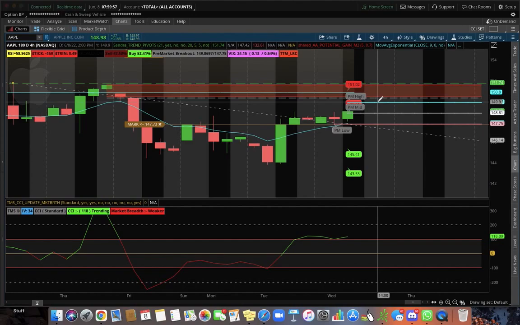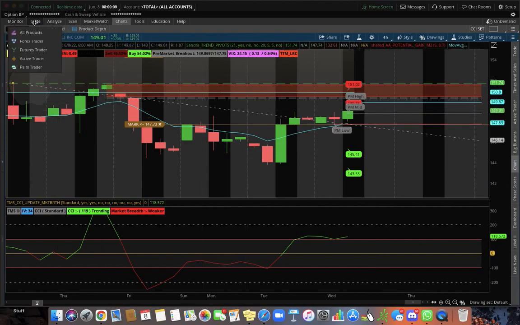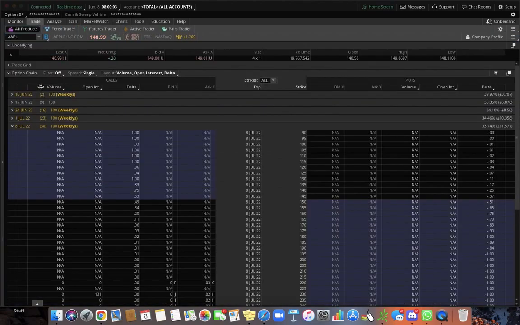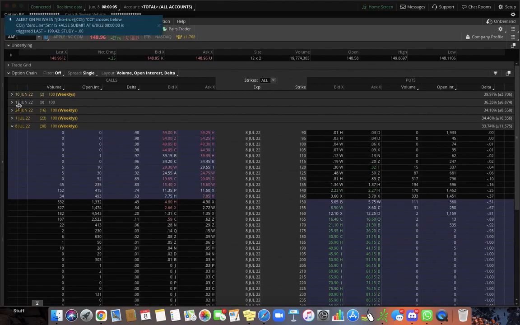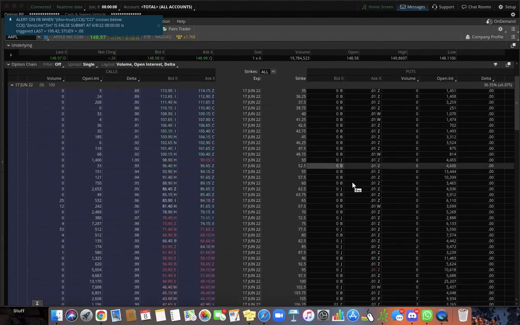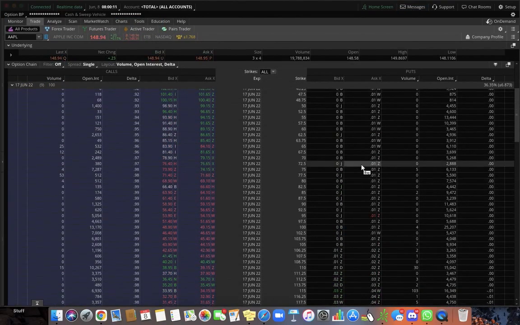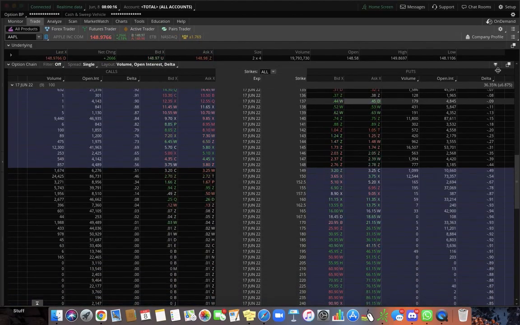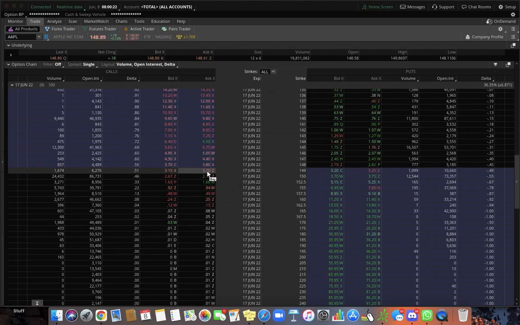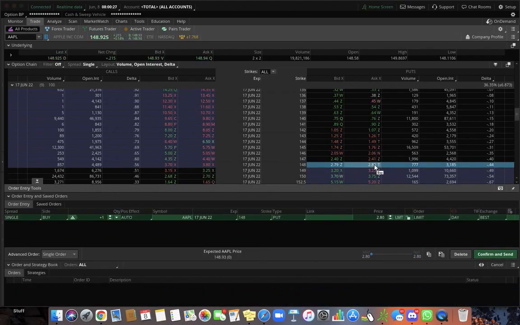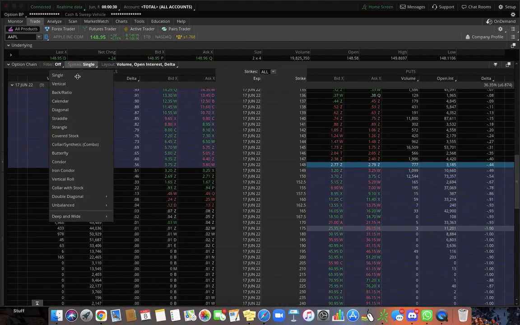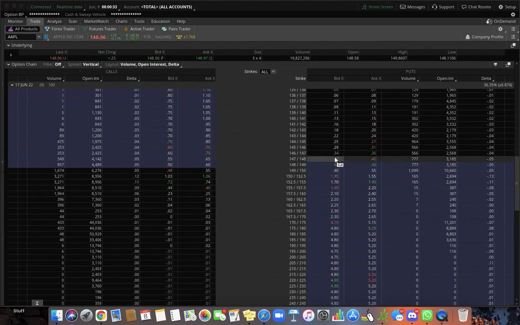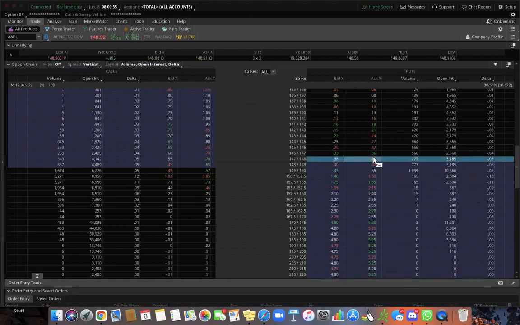So, you could just do a spread. The easiest way to do the spread is to go out to the June 17 expiration. Just go right at the money, and your volatility is really, really low. So you could take the put spread right here, the 148. Let's go up here to vertical. You go at the money and you're going to buy it.